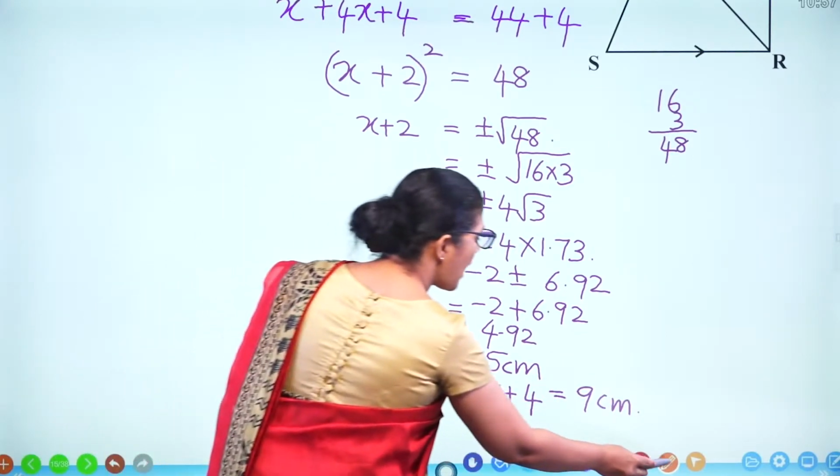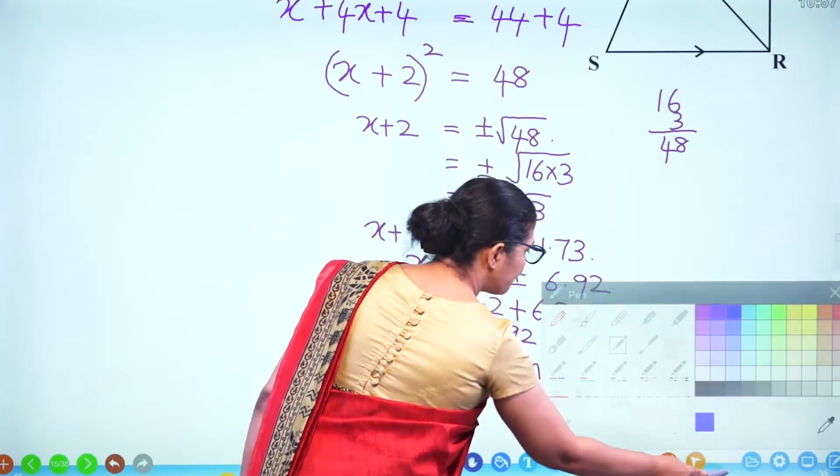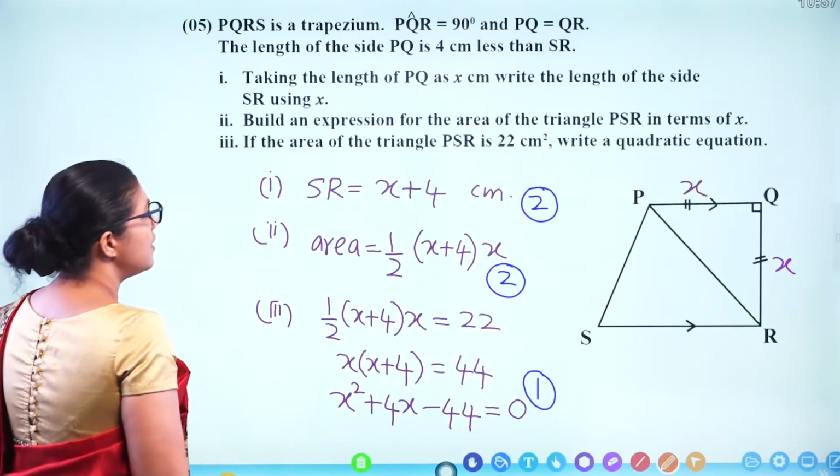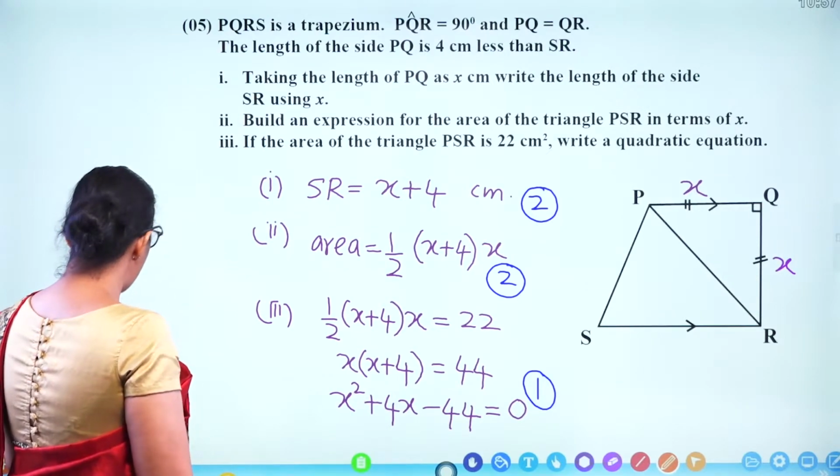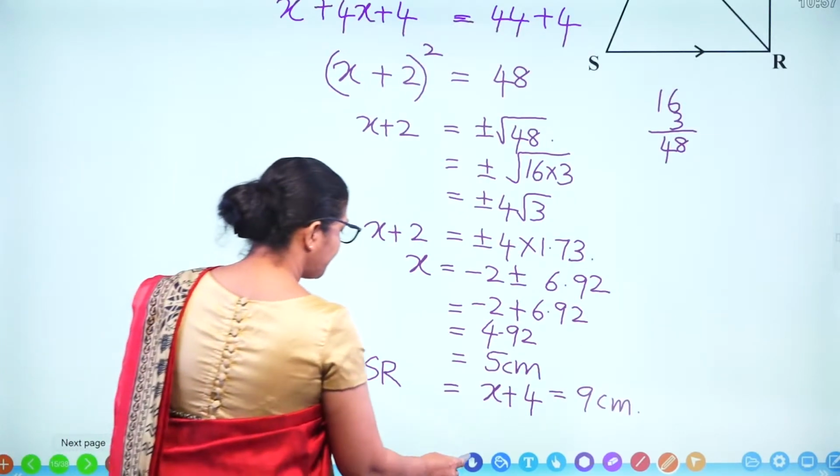How many marks can we give? We have already given 5 marks. So 5 marks for this part.